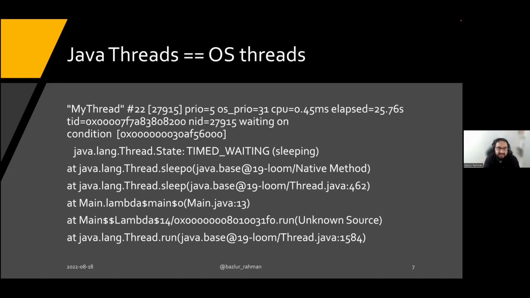So when we create a new thread, we basically ask the operating system to create a new thread and give it to us, and our class, java.lang.Thread, is basically a one-to-one mapping. It's a thin wrapper. So keep that in mind as well. So when we create new threads, we basically get a thread from the operating system.